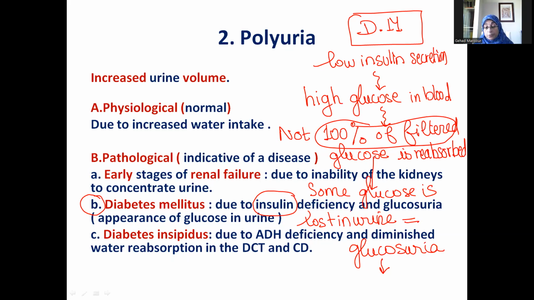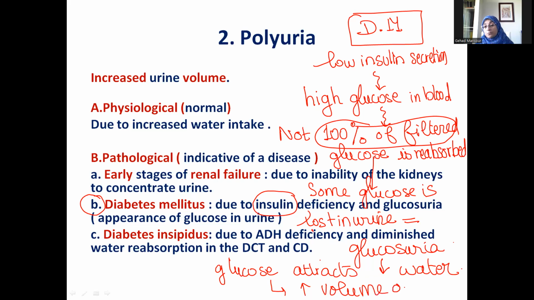Why? Because this glucose that is lost in urine is osmotically active. It withdraws water. So we have glucosuria, glucose in urine, and glucose attracts water. When you lose glucose in urine, you lose water, and this results in increased volume of urine. Of course, it would be diluted urine.